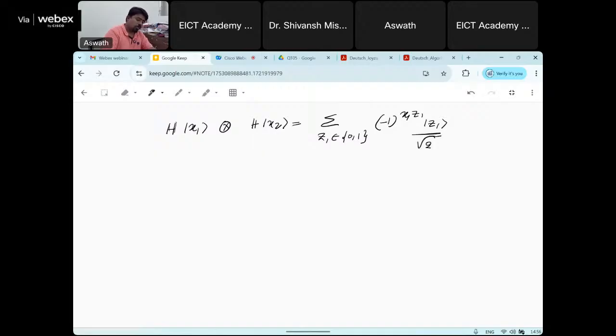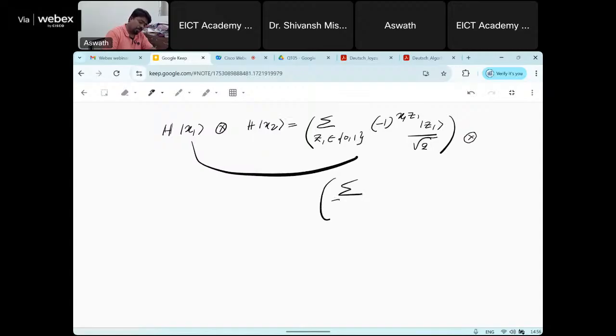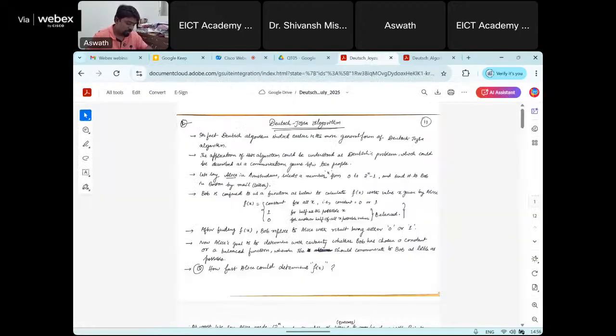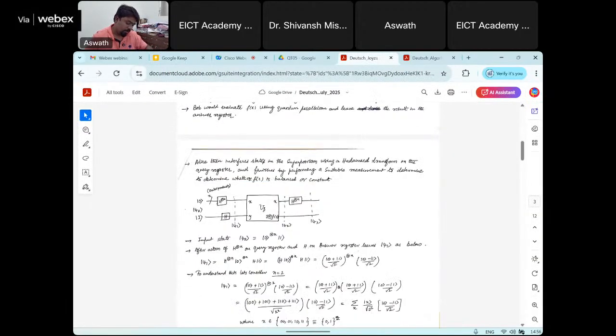This corresponds to one input, multiplied by, like, tensor multiplication, again summation over z2 belongs to {0,1}, minus 1 to the power of x2 z2, |z2>, divided by square root of 2. This is what I mean. Right? So my notes are lost, so let me show you from my notes what I mean.